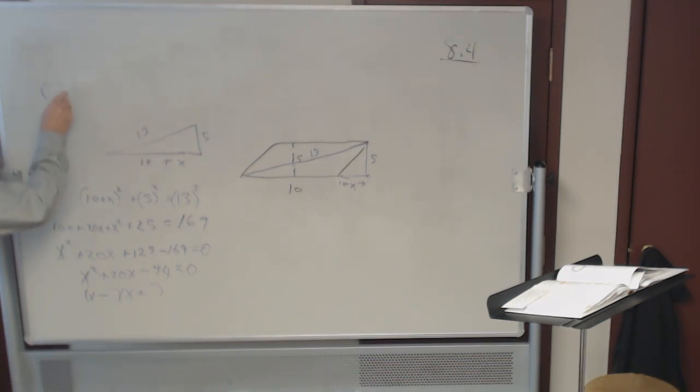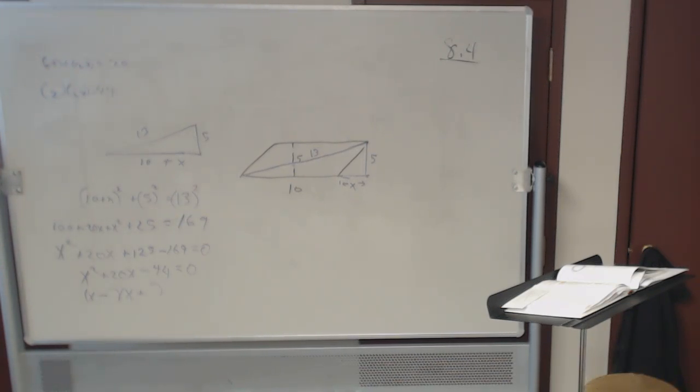And how many ways can we get a negative 44 that when you add them together, you get 20? Would that be 2 and 22? Negative 2 and positive 22?